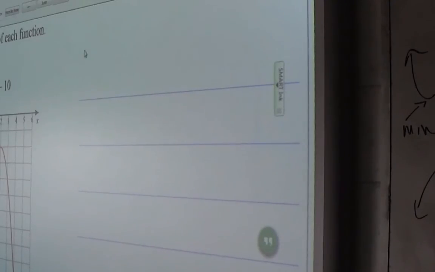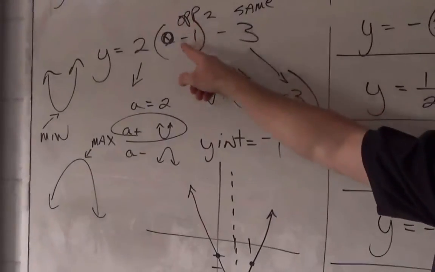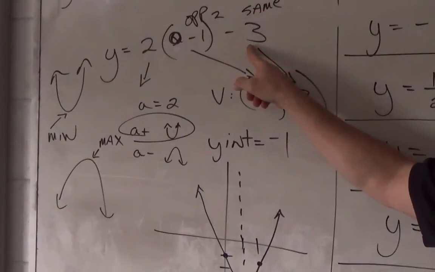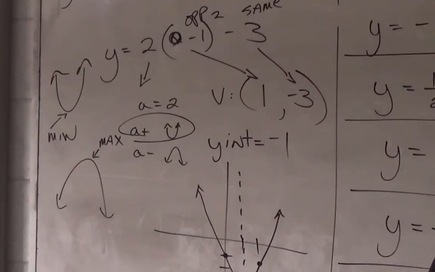You have to remember to do the opposite of the number on the inside, and the same as the number on the outside. We also talked about maximum and minimum values. Parabolas can either have a maximum value or a minimum value, and that value correlates to the y value of the vertex. They're always the same.